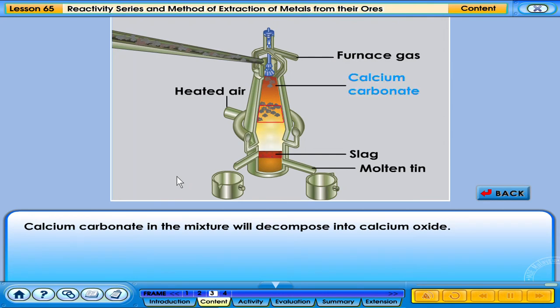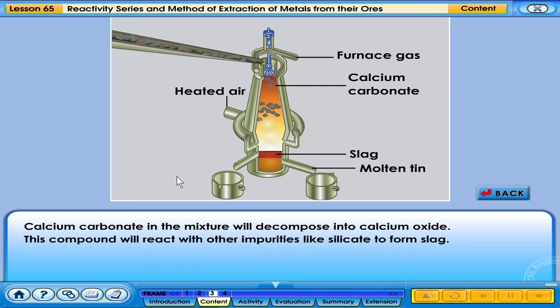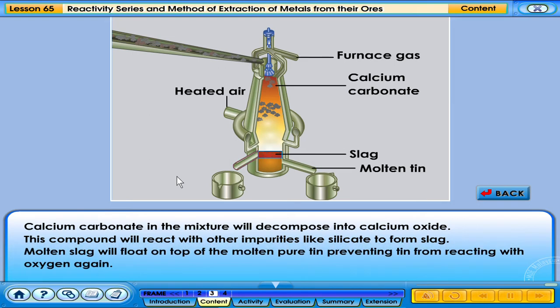Calcium carbonate in the mixture will decompose into calcium oxide. This compound will react with other impurities like silicate to form slag. Molten slag will float on top of the molten pure tin, preventing tin from reacting with oxygen again.